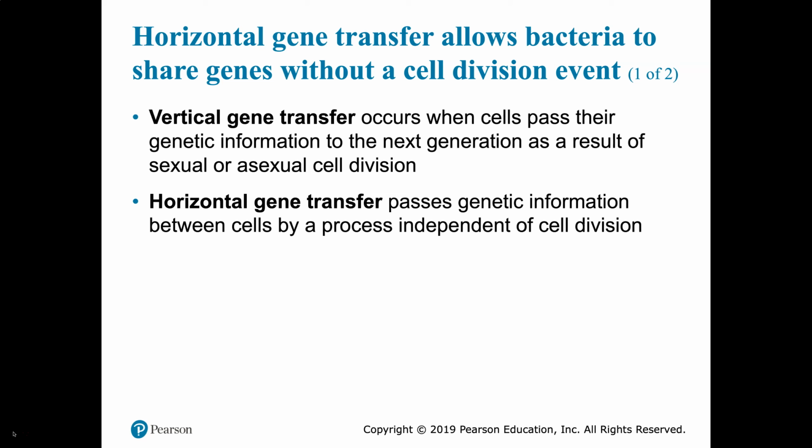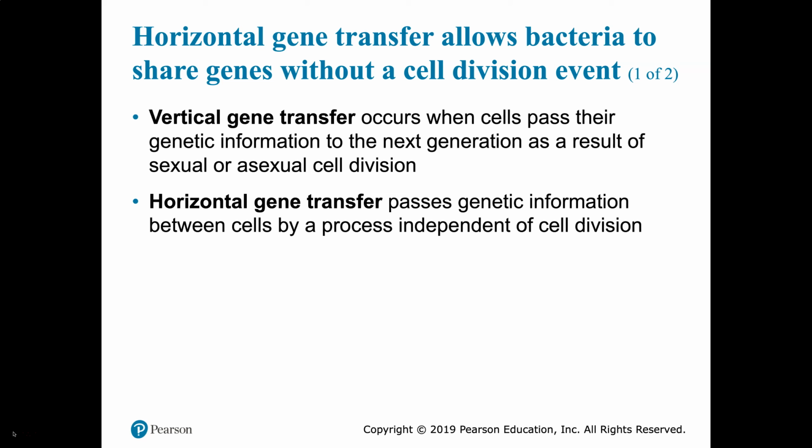There's two major ways that you have gene transfer. You can have vertical gene transfer or horizontal gene transfer. Vertical gene transfer is simply undergoing binary fission and creating two new identical daughter cells. So the information for the daughter cells are the same. It's passed through binary fission.